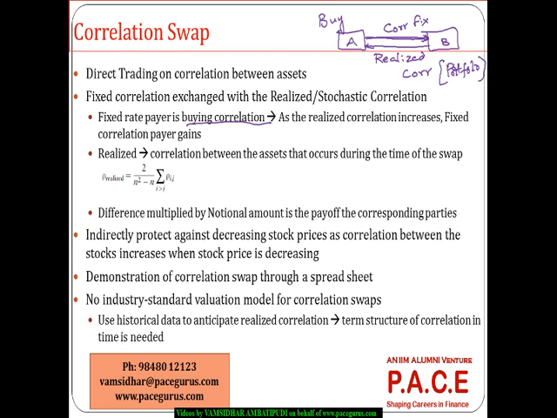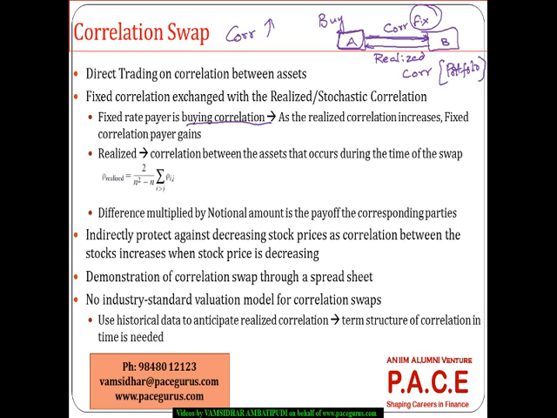If the realized correlation is more than the fixed amount, the buyer is gaining because he is paying a fixed correlation and getting a realized correlation. So if the correlation in the market is increasing, A is going to get the benefit, and if it is decreasing, B is going to get the benefit.